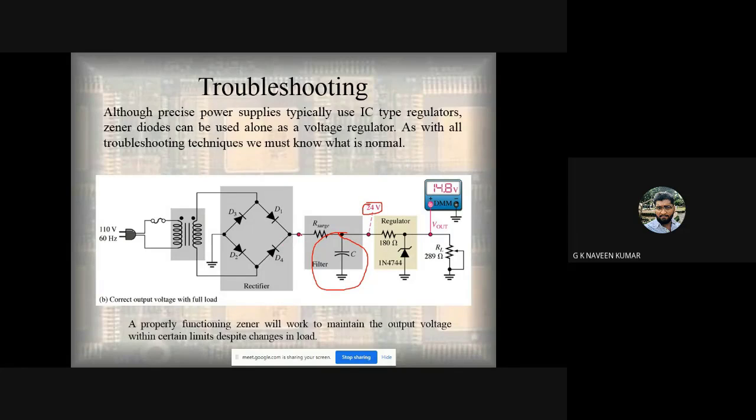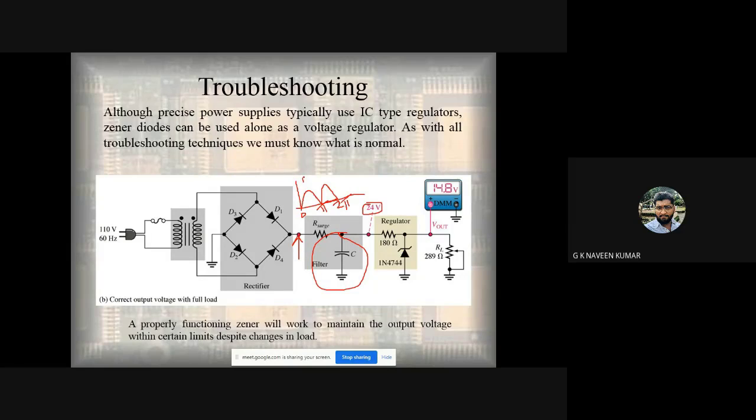Now at the output, at this point, you are getting the output of the rectifier. As it is a bridge rectifier, a full wave rectifier, during the positive half cycle two diodes will conduct, and during the negative half cycle two diodes will conduct. From 0 to pi two diodes will conduct, from pi to 2 pi another two diodes will conduct.